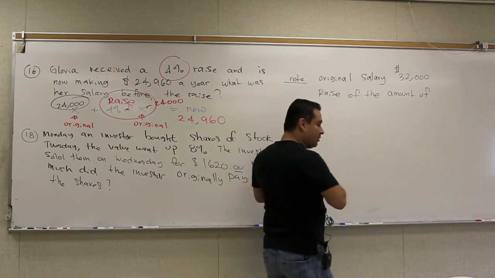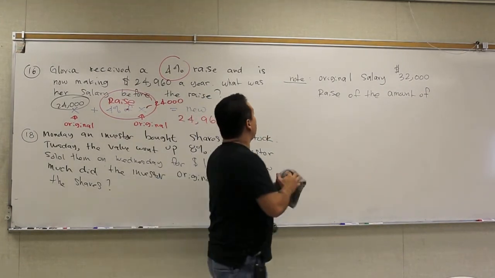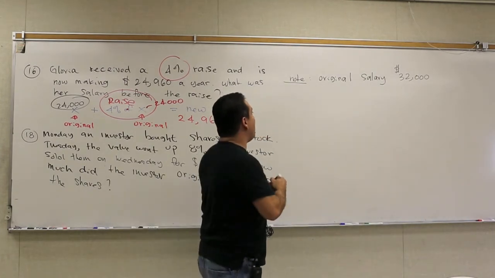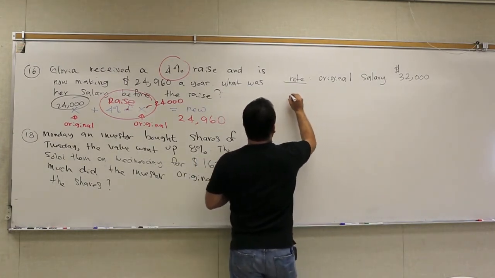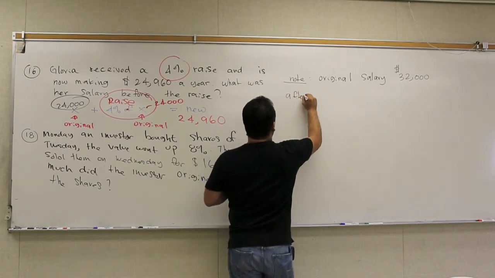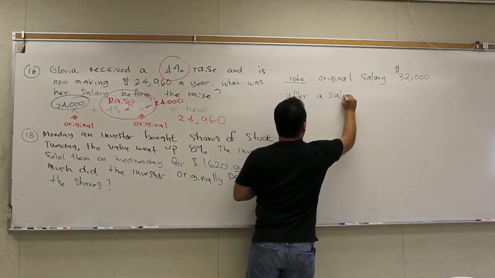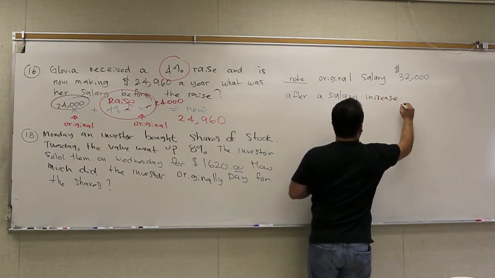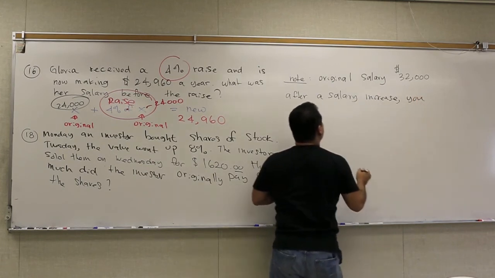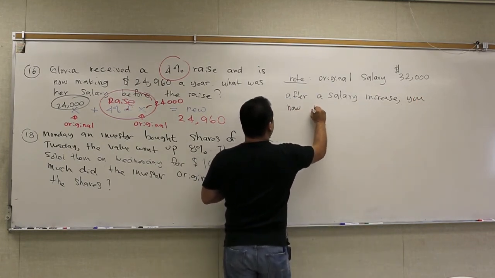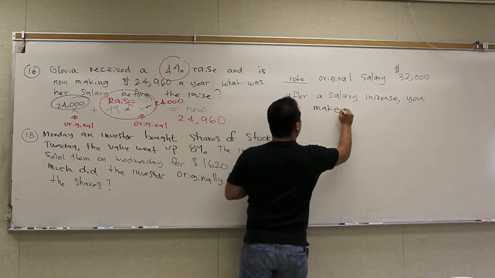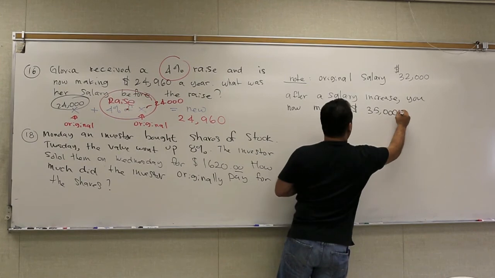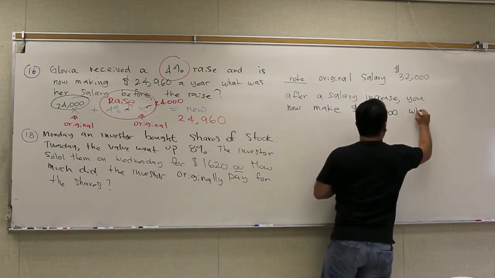Let's say you have an original salary of $32,000, in which after a raise, after a salary increase, which is known as your raise, right? You now make how much? How much do you now make? $35,000.